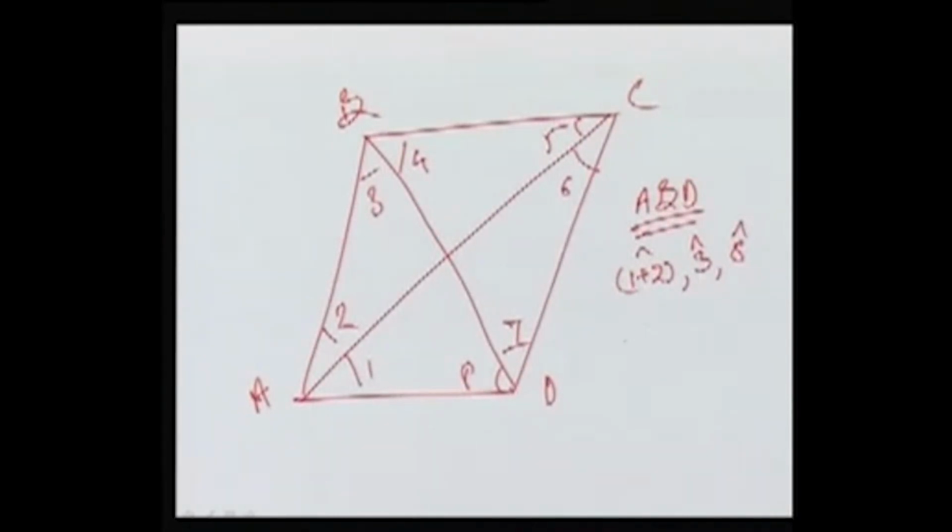If I adjust triangle B, C and A, then I will again have 2 hat, 3 plus 4 hat and 5 hat.